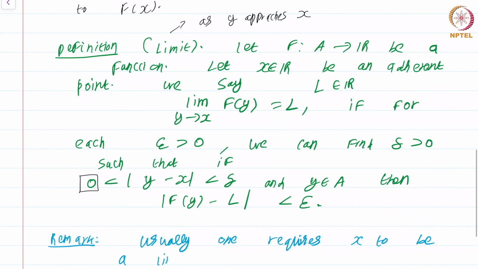One requires x to be a limit point, not just an adherent point.